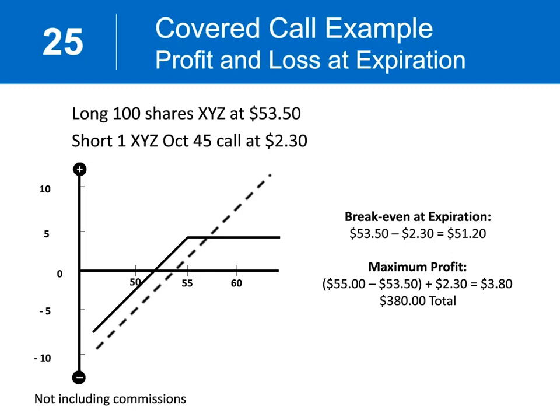That's going horizontal at the strike price, at the 55 strike. And then the reason that black line is lower than the dotted line is because we've got $2.30 of downside protection. So our maximum profit can be up to $380, and our break even at expiration is going to be down to 51.20.